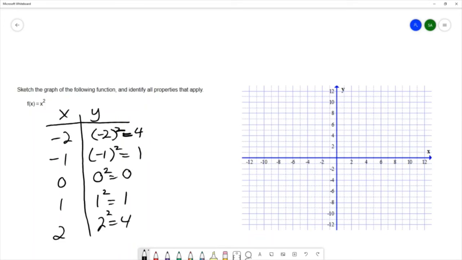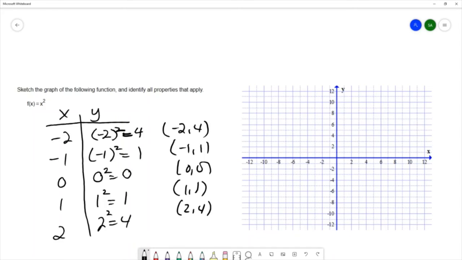And this gives me a set of ordered pairs that I can plot to sketch my graph. So we have negative 2, 4, negative 1, 1, 0, 0, 1, 1, and 2, 4.